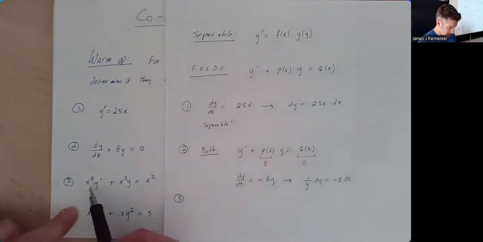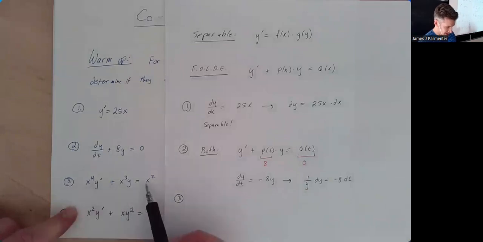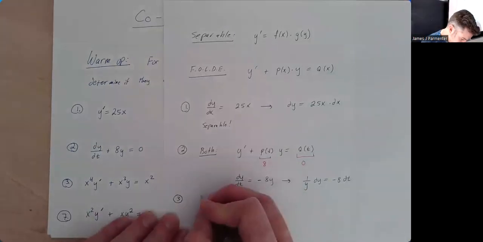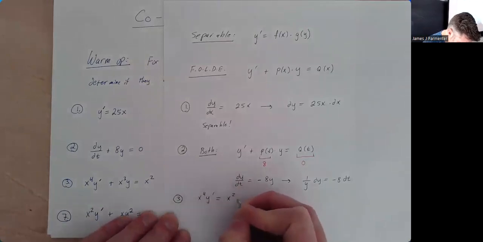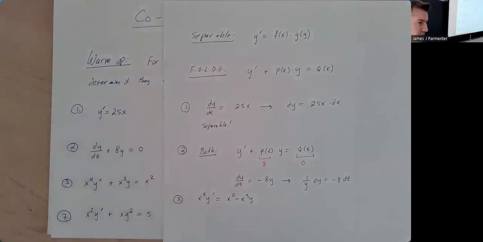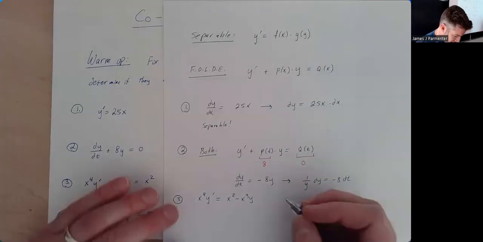If I have x to the fourth times y prime equal to x squared minus x cubed y, it's going to be really hard to separate the x's from the y's. If these were both x cubed, I could totally factor out an x cubed: I have x cubed times 1 minus y. It would totally work. But I can't here. So it's not separable.